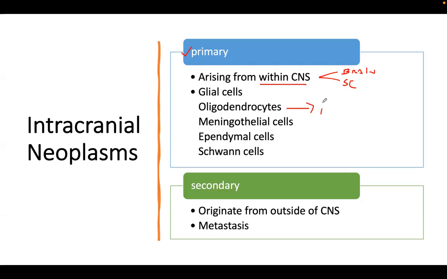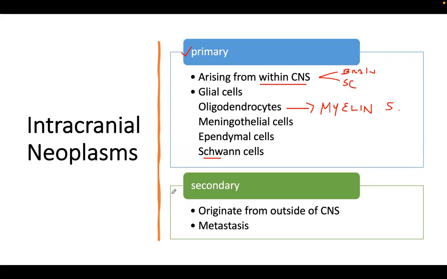So what is produced is the myelin sheath. The myelin sheath is produced by the oligodendrocytes. In fact, the oligodendrocytes are the cells that produce myelin sheath in the central nervous system. The Schwann cells, on the other hand, are the major cells that produce the myelin sheath in the peripheral nervous system.